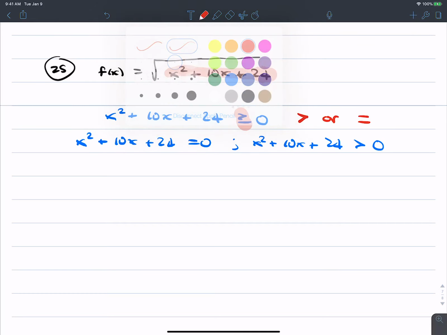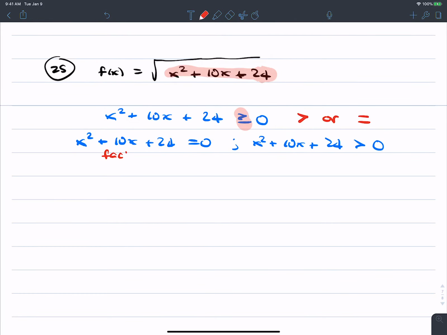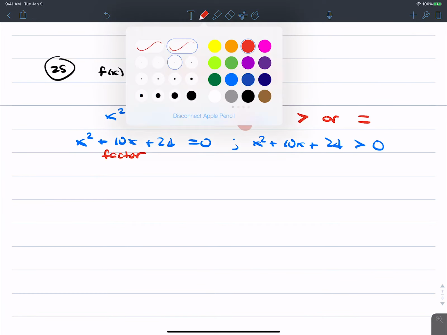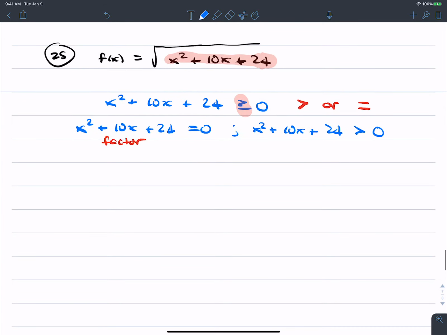Okay, so we're going to factor here. Now, without going through that technique like we've been going through, maybe you're really good at factoring. I hope you are, because after all this time, we spent so much time on factoring. We need a product that's equal to 24 and a sum that's equal to 10. So let's see if that's factorable. 6 times 4 is 24. And 6 plus 4 is 10.